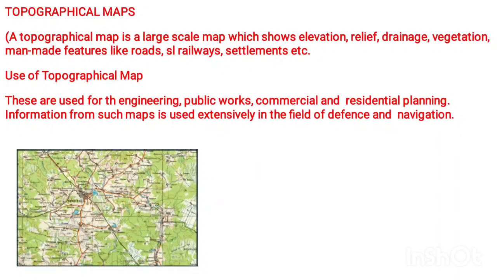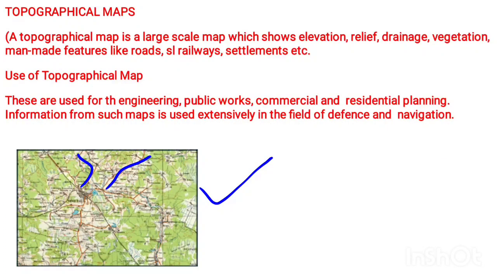As I explained, what is a topographical map? This is the picture of a topographical map, where this red line is a road. It is a man-made feature. In the definition, I told you that a topographical map is a large scale map which shows the elevation, meaning height. If there is any mountain or plateau, we can understand it with the help of contour. We can understand elevations, relief features, and drainage.